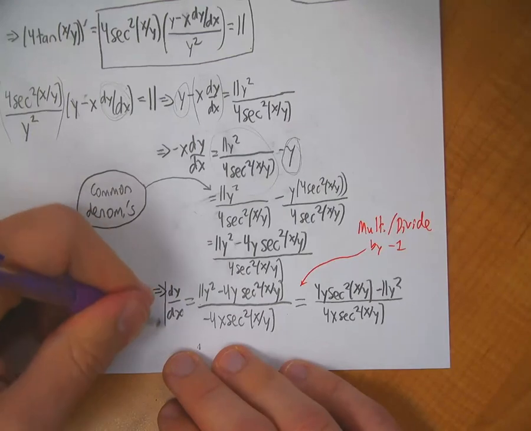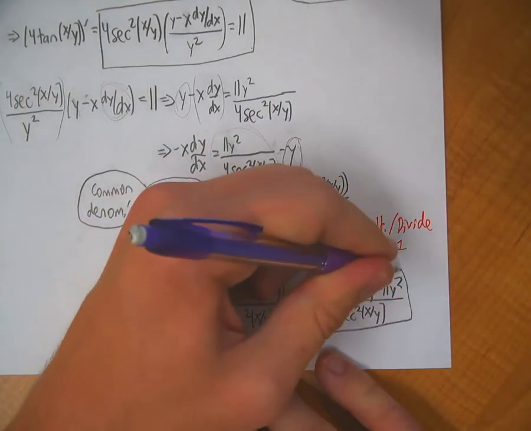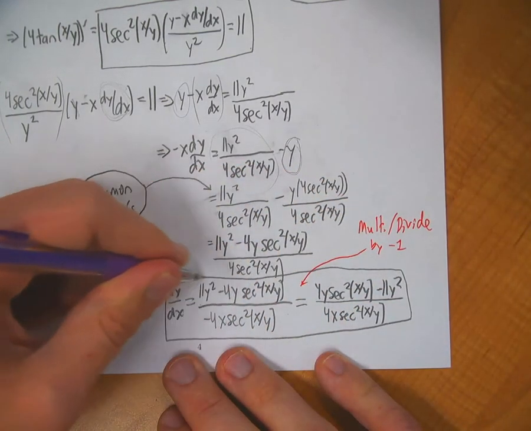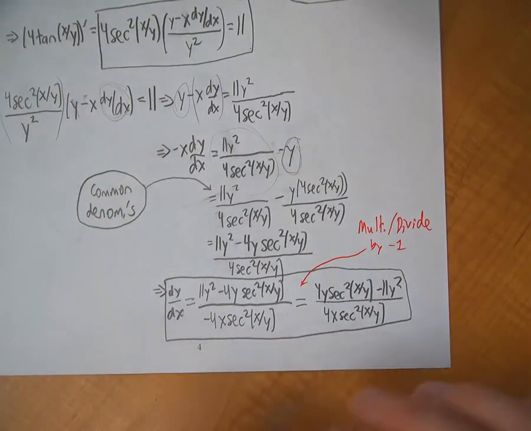So this gives you two ways to express your answer if one of the options is not given to you. So you can multiply and divide by negative 1 to see if that fixes it. Okay?